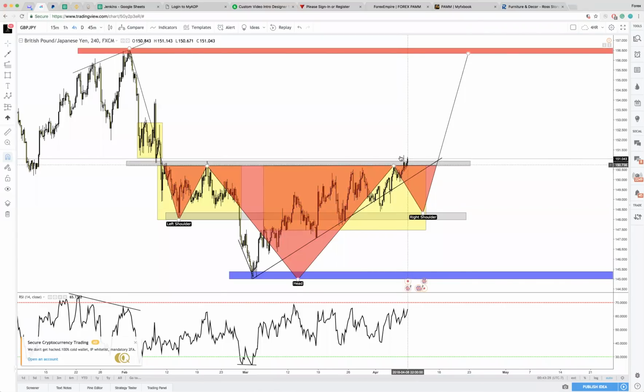It did make the nice wick to the top, but we'll see how it comes back. If it does come back here, we'll be looking for a buy right about here. But right now, I'm just going to leave it all alone and look for a different pair. But I'm going to write a note: GBP JPY will be a nice buy this coming week, and it's going to be a head and shoulder. So keep that in mind.